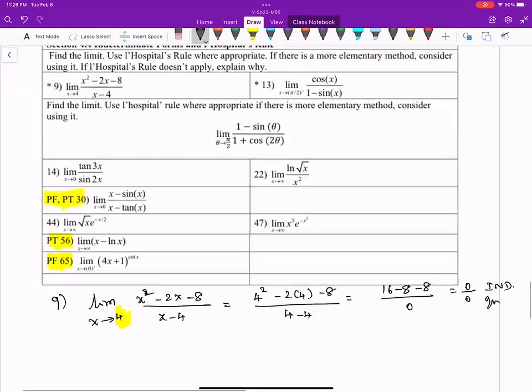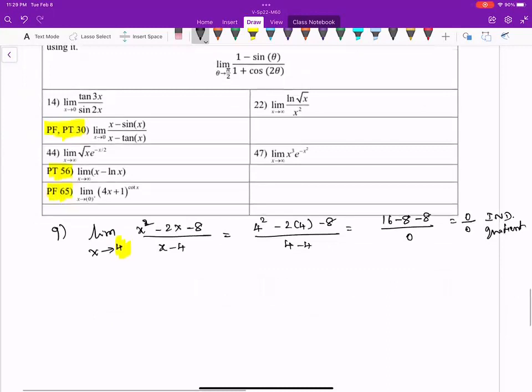We notice that it is a quotient. So you know that you can definitely apply L'Hopital rule, which I'll show in a bit. But the problem tells you that if there is any elementary method, use it. Factoring is the elementary method we are going to use.